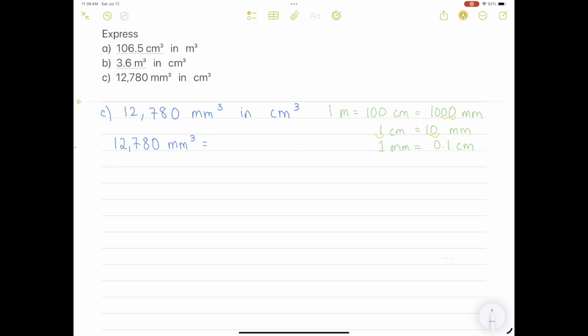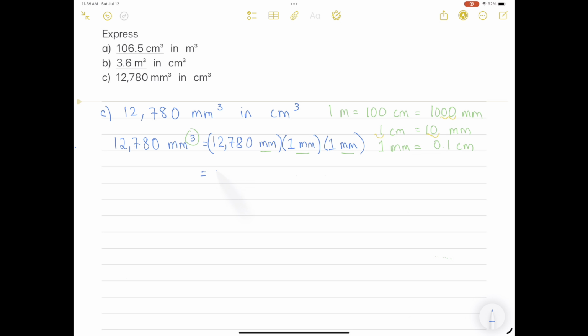So 12,780 cubic millimeters equals 12,780 millimeters times 1 millimeter times 1 millimeter. When we look at the units, millimeter times millimeter times millimeter equals cubic millimeter. Now we can substitute the unit equivalent to centimeter to make the conversion from millimeter to centimeter.